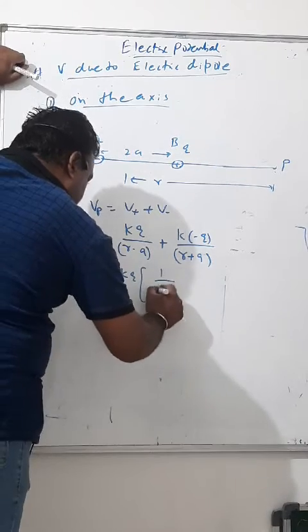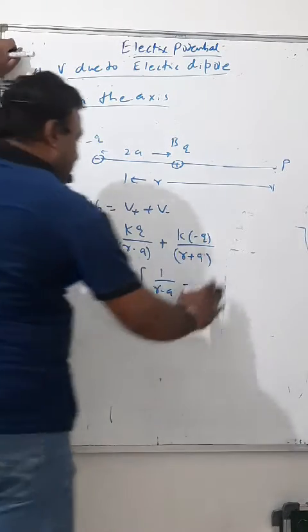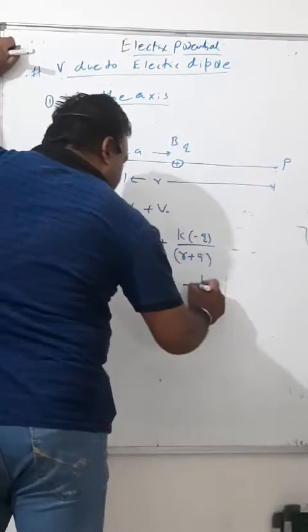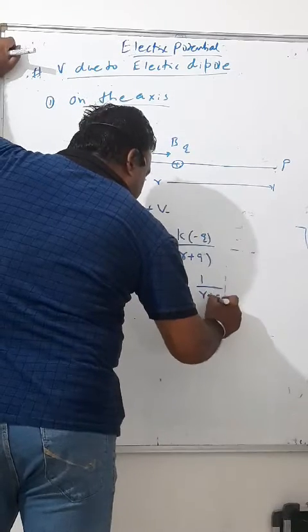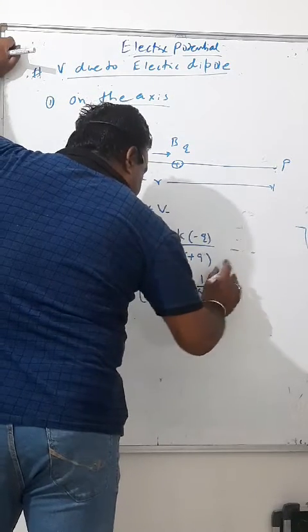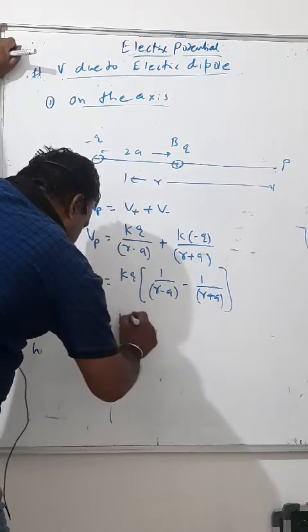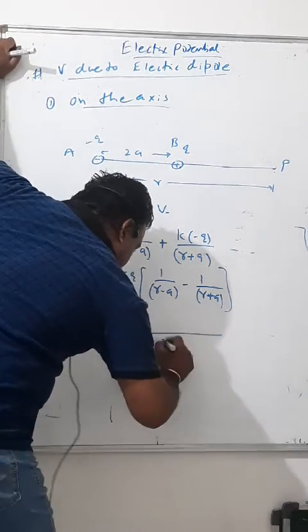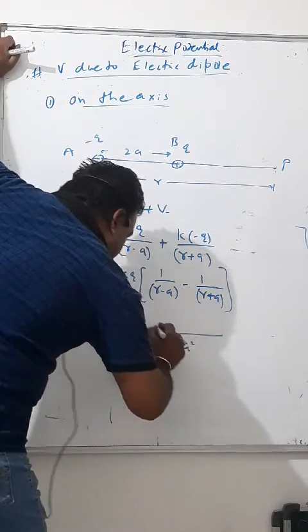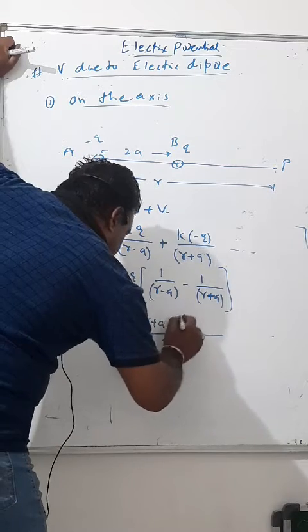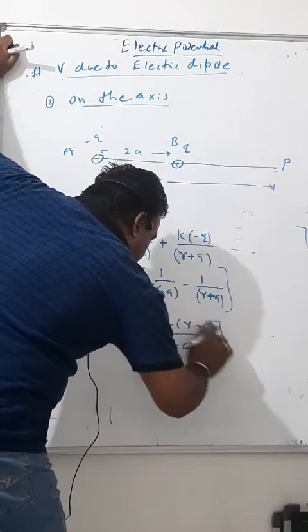KQ common, 1 by R minus A minus 1 upon R plus A. It is R square minus A square, R plus A minus R minus A.